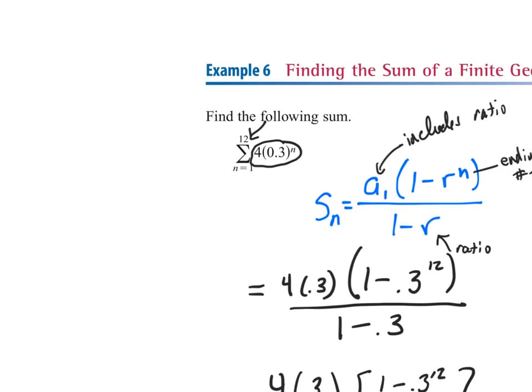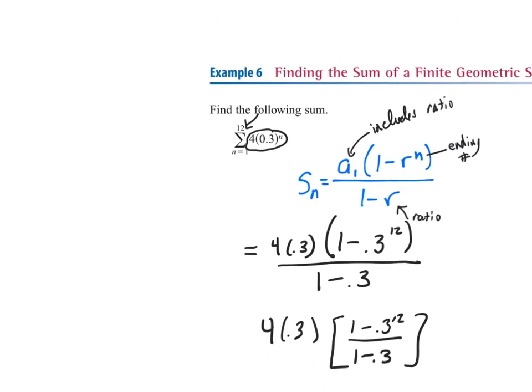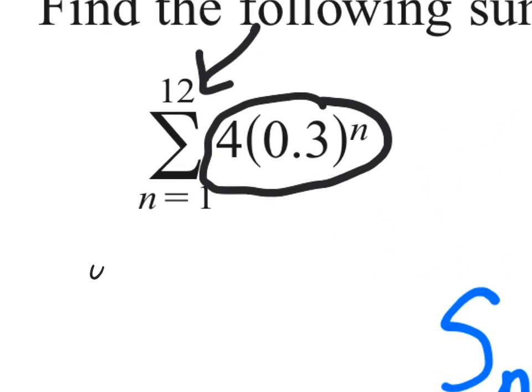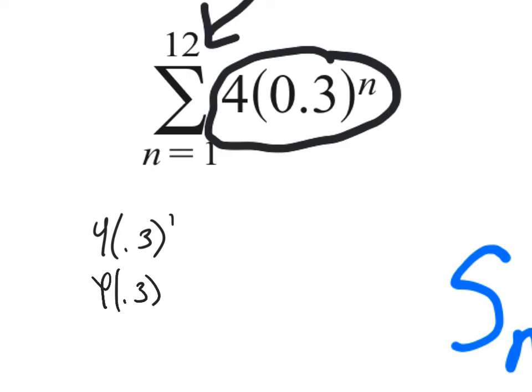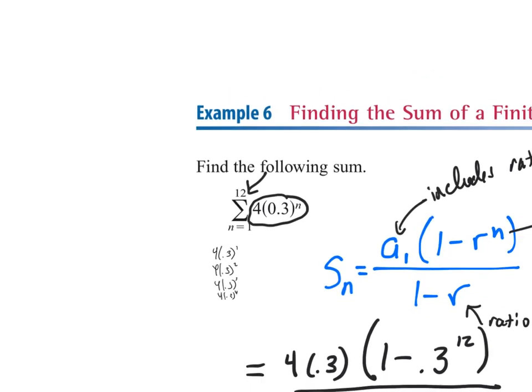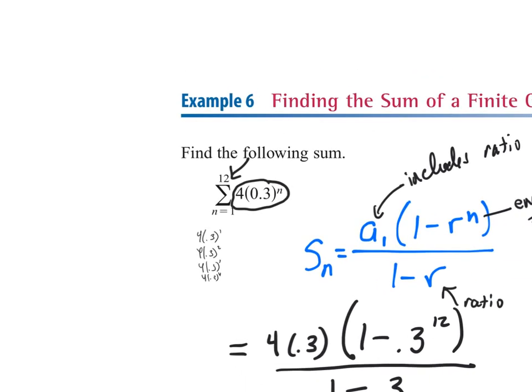Or you can use this formula. Doesn't matter. You could do 4 times 0.3 to the 1, 4 times 0.3 to the 2, 4 times 0.3 to the 3, 4 times 0.3 to the 4, and then add all those up. But when it's geometric, it becomes really tedious, so I wouldn't spend too much time. There is a shortcut, a workaround, if you wanted to do that.